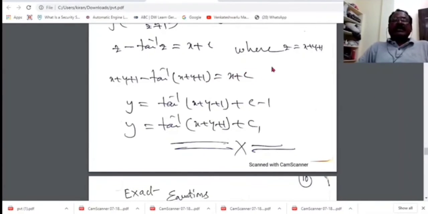On both sides x gets cancelled, so y is equal to tan inverse of (x plus y plus 1) plus c minus 1. Taking the constant c minus 1 as c1, y is equal to tan inverse of (x plus y plus 1) plus c1, where c1 is the constant c minus 1.